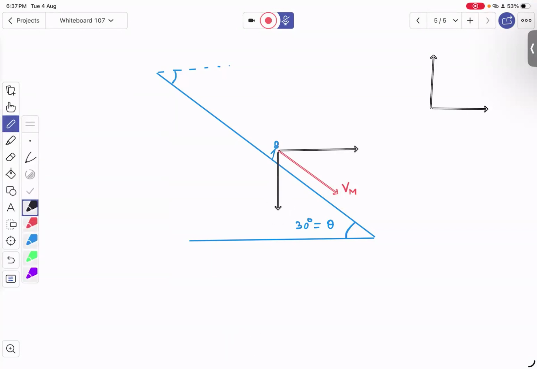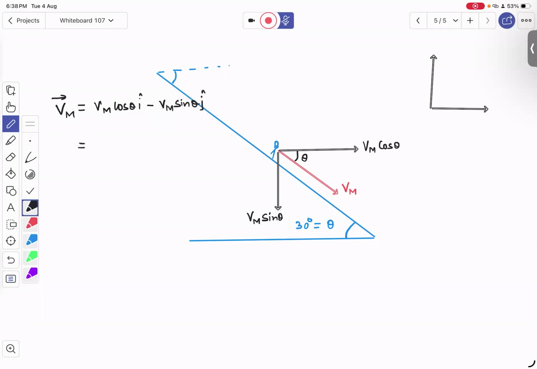So you can see this angle is theta again. The component of Vm this side will be Vm cos theta. The component of him in the y direction will be along minus y, and that will be Vm sin theta. So the velocity of the man with respect to the ground frame in terms of x and y components will be Vm cos theta i cap minus Vm sin theta j cap.